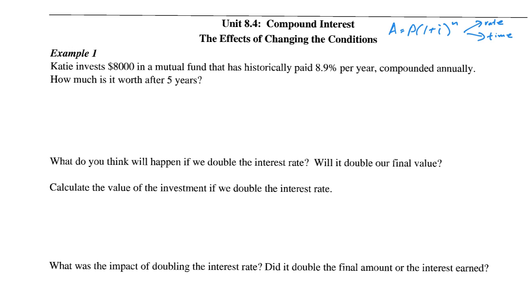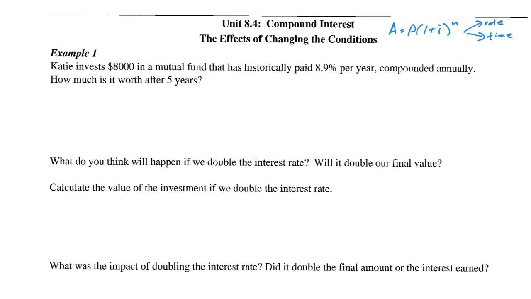Things like, what would happen if we double the rate but kept the years the same? What would happen if we increase the length of time? Or what would happen if, instead of doubling the interest rate, we change the compounding periods? That will help us see what happens to a compounded value over time.